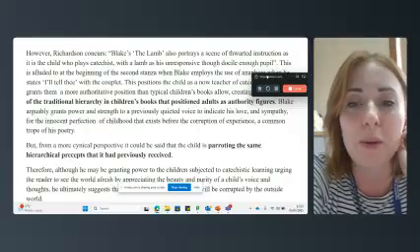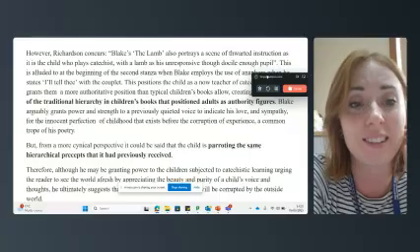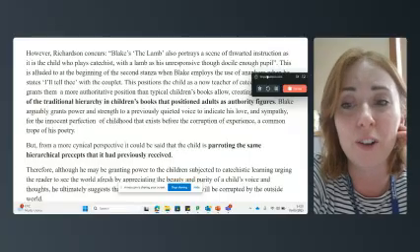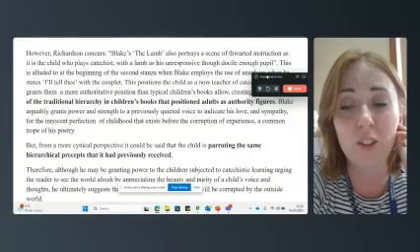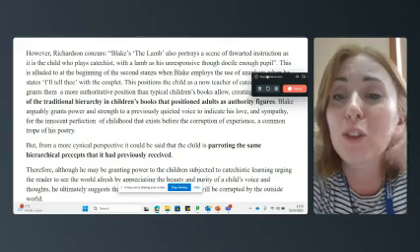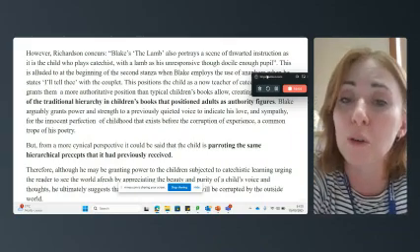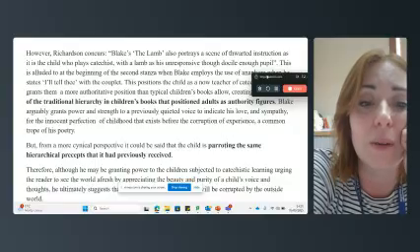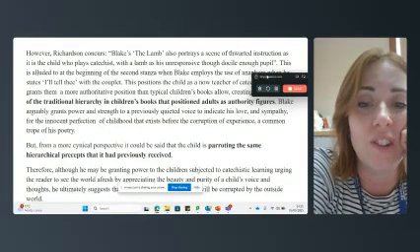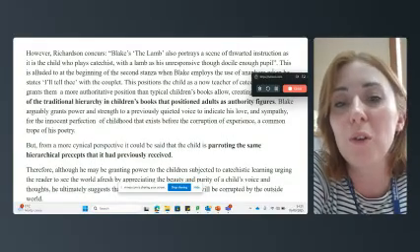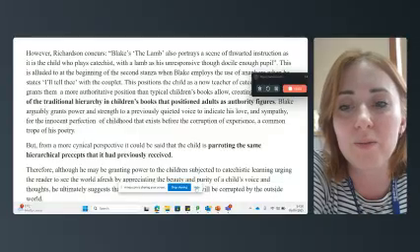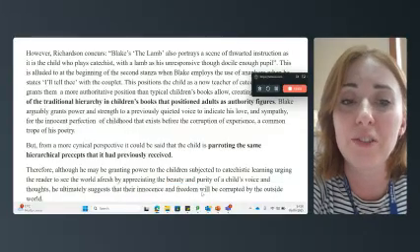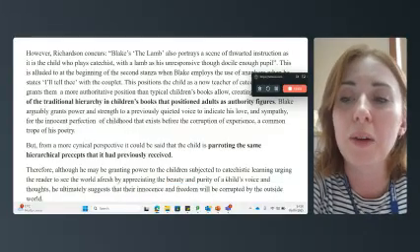Therefore, although he may be granting power to the children subjected to catechistic learning, urging the reader to see the world afresh. So I've gone back to my question. I perhaps could have done that a bit more in the paragraph if I was going to improve it further. To see the world afresh by appreciating the beauty and purity of a child's voice. And though he ultimately suggests that their innocence and freedom will be corrupted by the outside world.